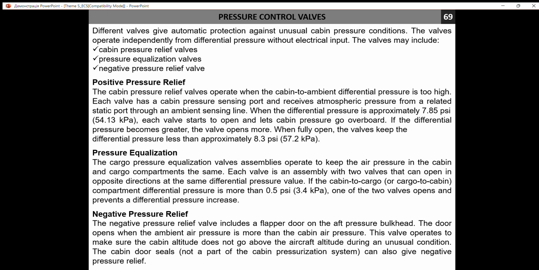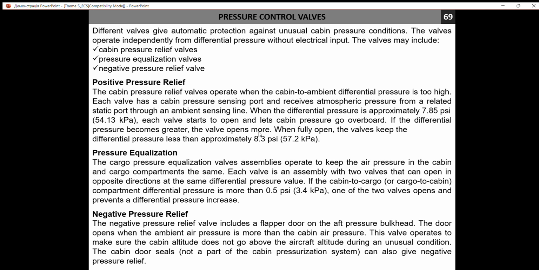Next, when we talk about the pressure control valves, we have outflow valves, but we also have protective valves, the positive pressure relief valve. So when we reach the maximum difference, it depends on the airplane, but typically the maximum value is 8.3 psi.